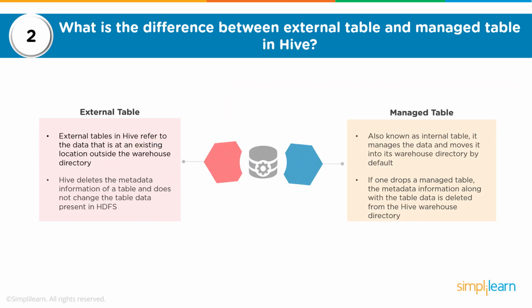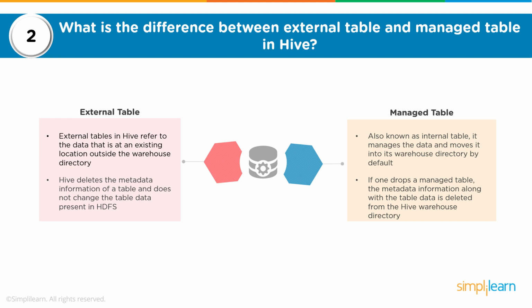Now, what is the difference between an external table and a managed table in Hive? So we have various kinds of tables in Hive, such as external table, managed table, partition table. The major difference between your managed and external table is in respect to what happens to the data if the table is dropped.